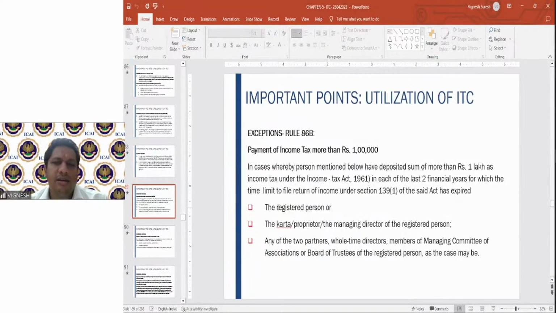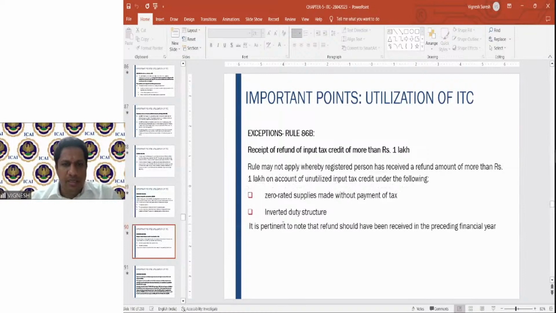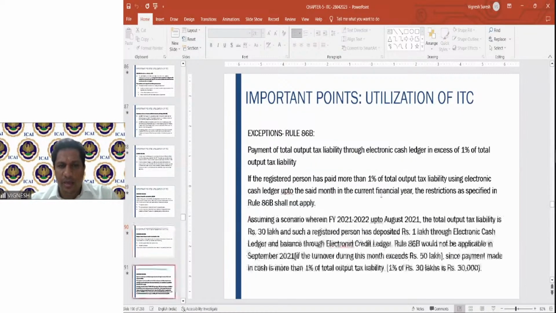It does not say that the amount of income tax should be paid before the due date. It doesn't mention any date. So if this 86B is applicable and you have not paid any tax, in case you pay that tax, then as per the reading of the section, it appears that 86B will not be applicable.